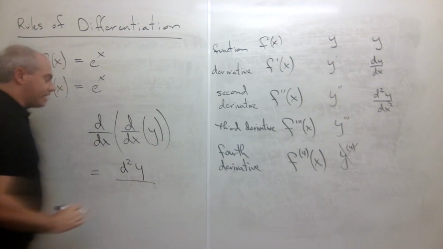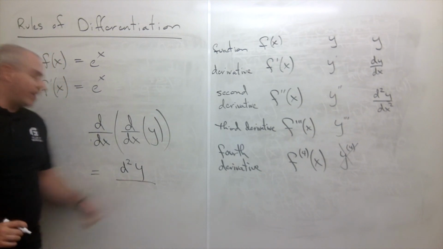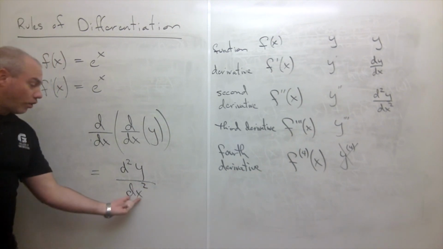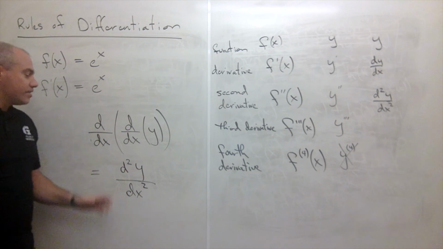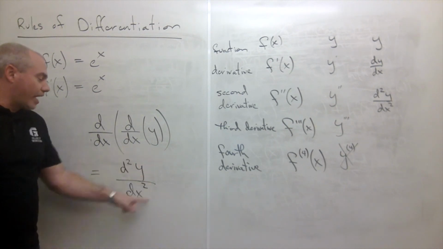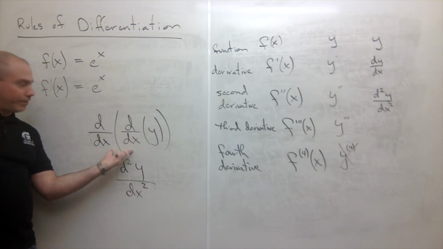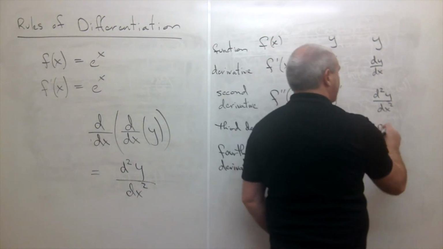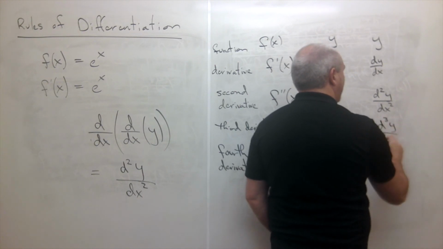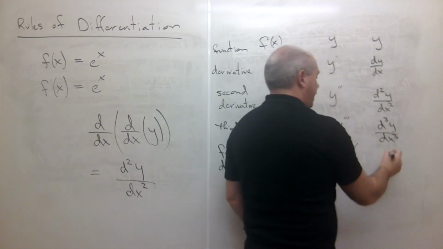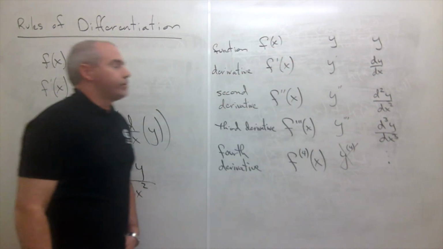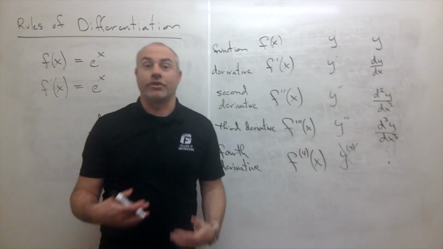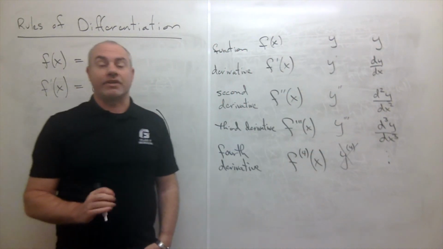So maybe it would make more sense to say parentheses dx squared, but we don't. We write dx squared, saying the whole dx is squared. So this is the notation that we write, and what it means is what I wrote up here. So you can guess now how I would write the third derivative. I might write d cubed y over dx cubed, and so on. So these are 3 different notations for second derivatives, third derivatives, fourth derivatives, etc.